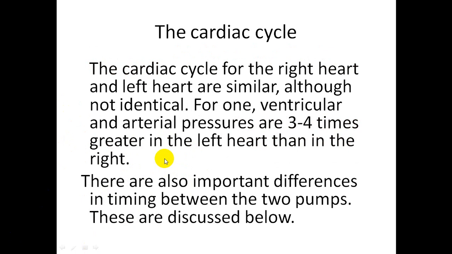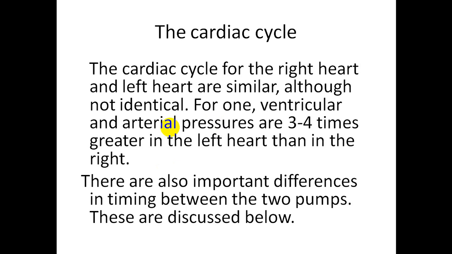The cardiac cycles of the right heart and the left heart are similar, as we said, although not identical. For one ventricle, the arterial pressure is 3 to 4 times greater in the left heart than in the right. What does this mean?